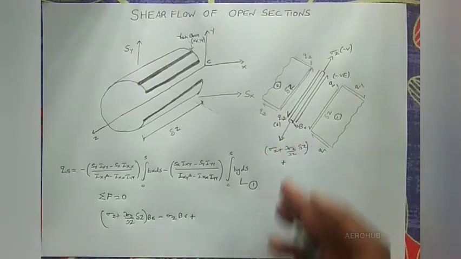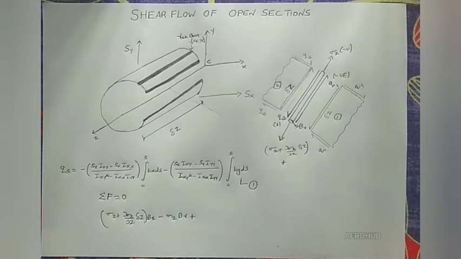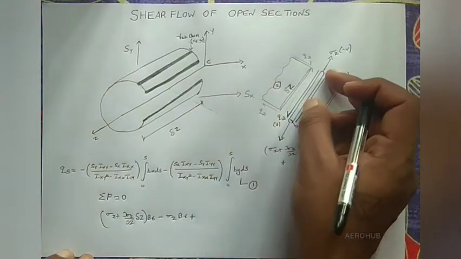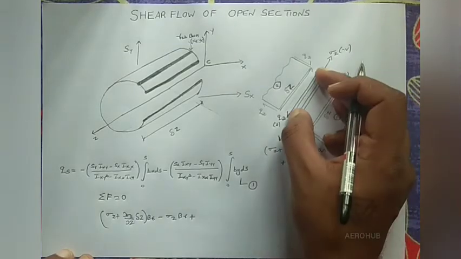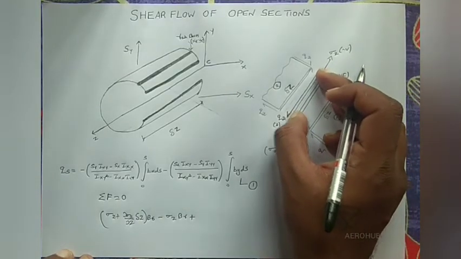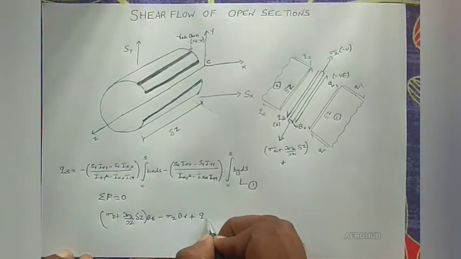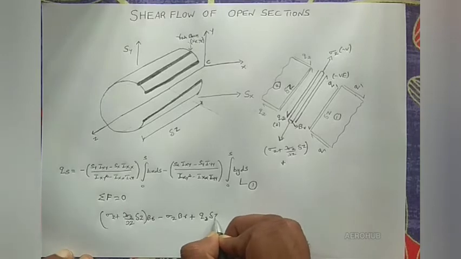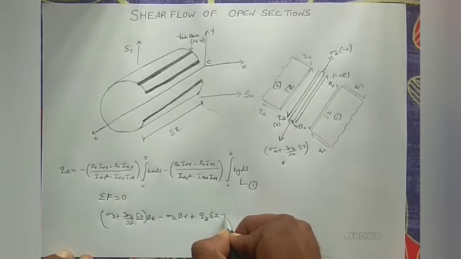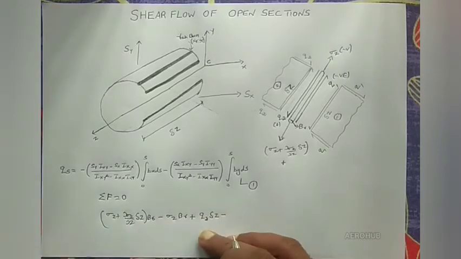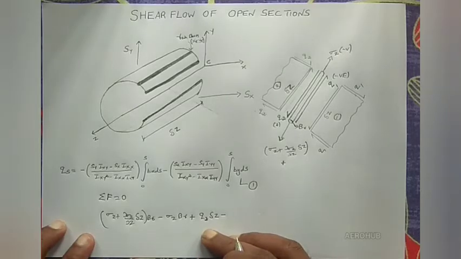Shear flow into the distance gives the shear force. The shear flow on this side is Q2, and Q2 multiplied by the length of the boom, delta z, gives the shear force.